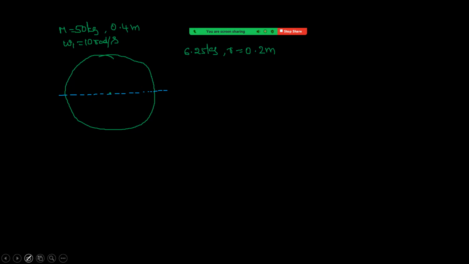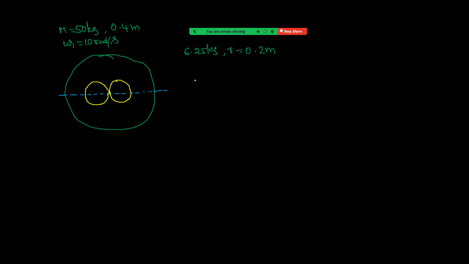Means the diagram is like this, touching along the axis, right? Once we get this clarity, the remaining is very simple.